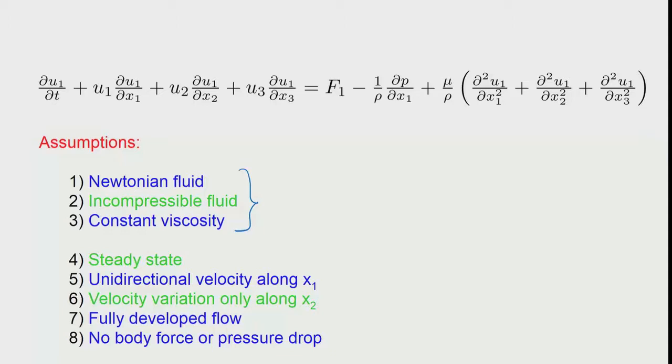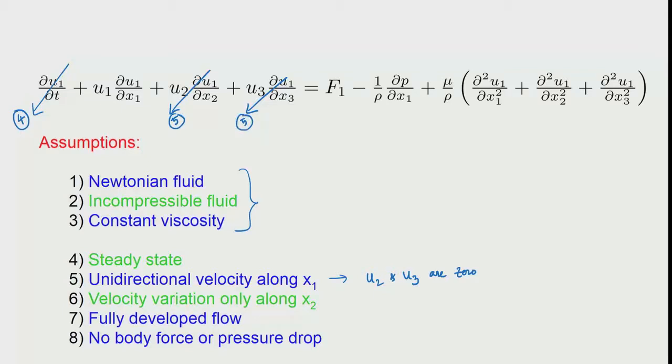The first assumption here is steady state, which means that we can strike off this term because of assumption number 4. Then, unidirectional velocity along the x1 direction, by which we mean that u2 and u3 are 0, so this term and this term are dropped because of assumption number 5.